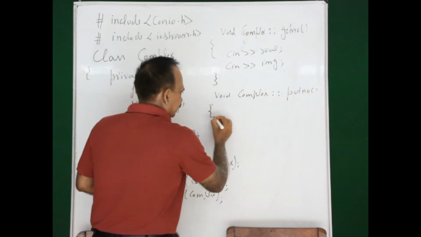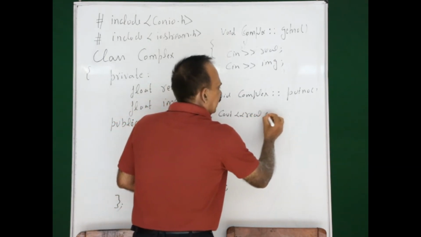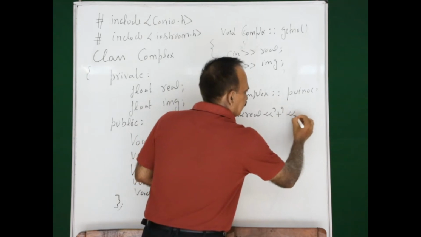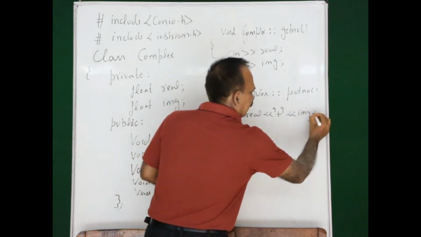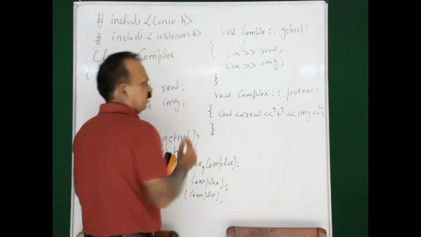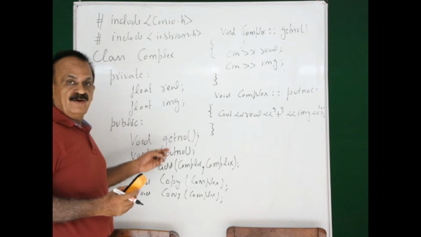No doubt the statement: cout first the real part, then a plus symbol will be displayed, then the imaginary part, and then i will be displayed, and end of this function. Now these two functions are defined.